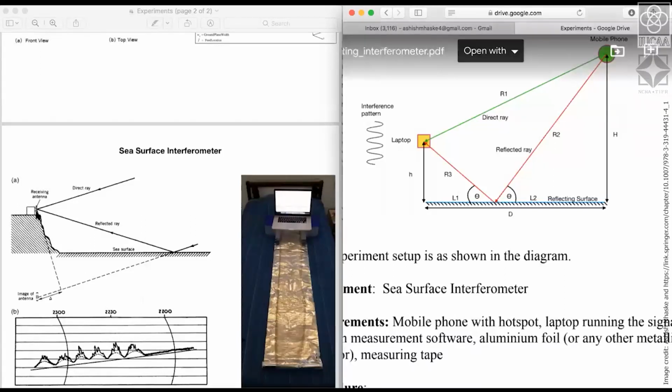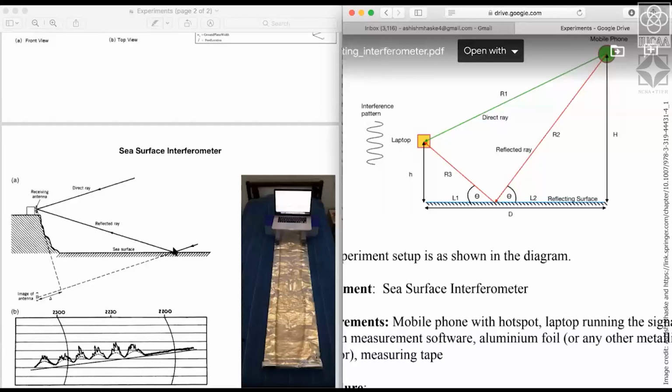That point is illustrated in this image on the left-hand side, where you have the image of this receiving antenna, and that becomes the baseline, and that determines the interference fringe width basically. Any questions related to this experiment?